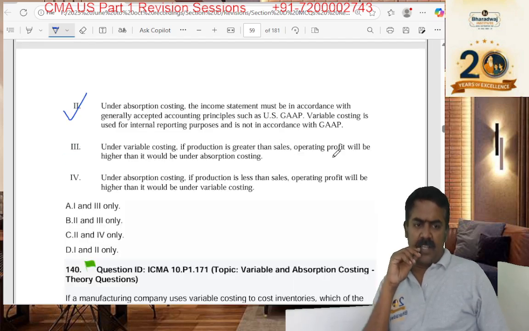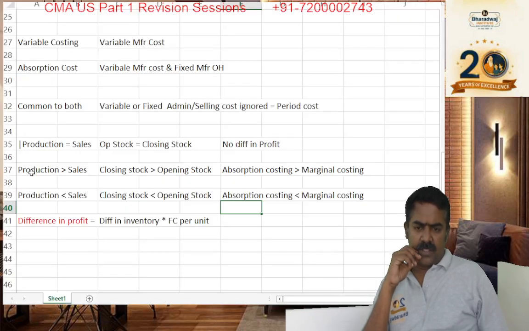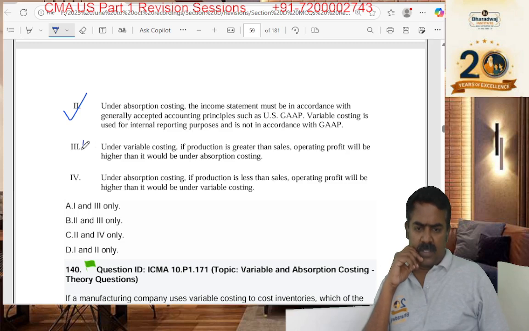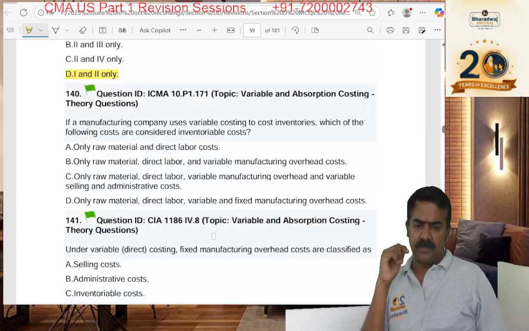If production is greater than sales, operating profit will be more under absorption costing. The other options cannot be the answer. The answer is 1 and 2.